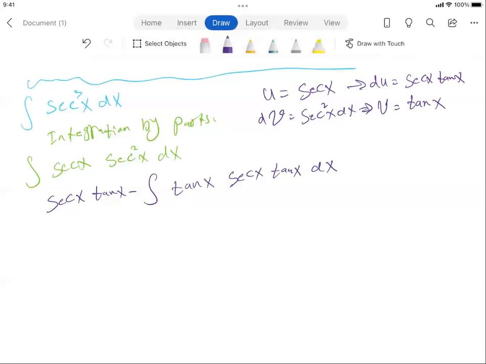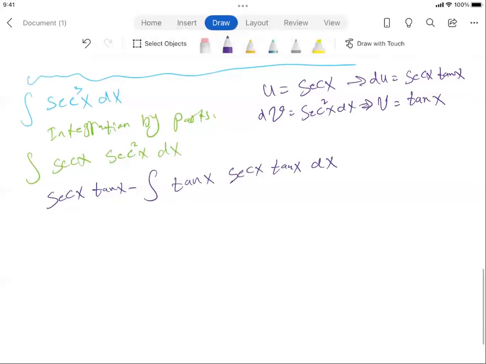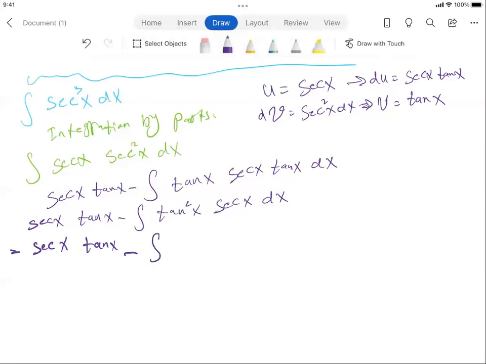So I will get secant of x tangent of x minus the integral, I have tangent square of x secant of x dx. So the first term is already done, minus tangent square of x.